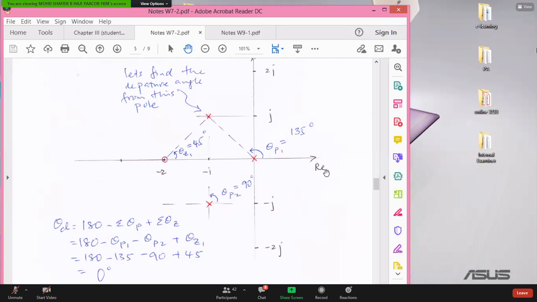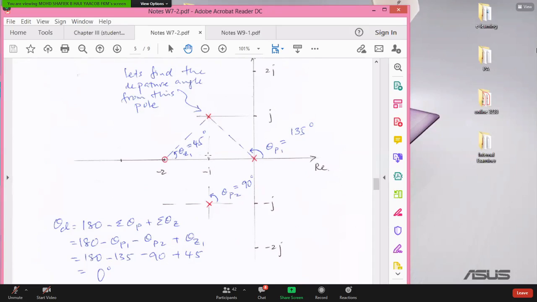real axis. So you need to find the angle from the other poles and the zero. You have two other poles and one more zero. The angle from the pole at the origin is in this example 135. The angle from the other complex pole is 90, and the angle from the zero is 45 degrees.